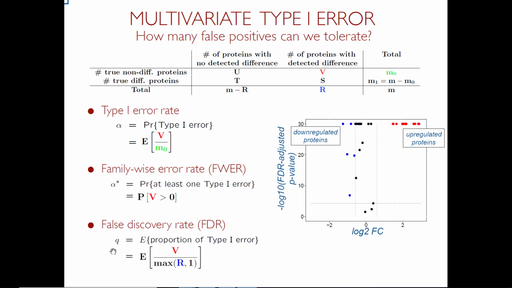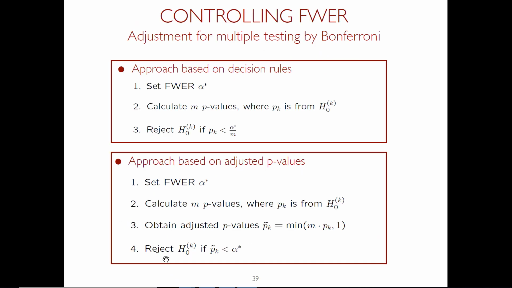And so there was a lot of methodological, analytical work, which tells us what are the procedures which guarantee that our decision gives us, on average, this proportion of false positives. And so, in terms of p-value, the procedure which controls family-wise error rate will be: calculate p-values, then reject the null hypothesis if the p-value is less than our alpha for the entire experiment divided by the number of proteins.